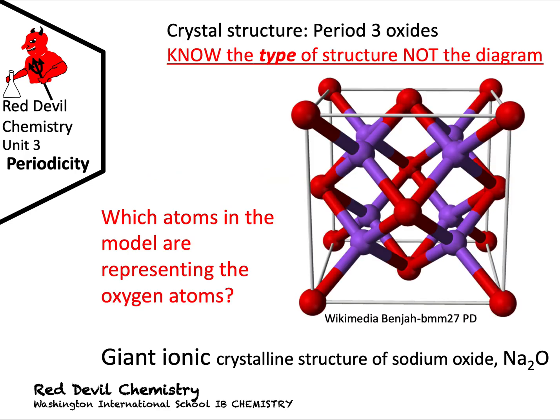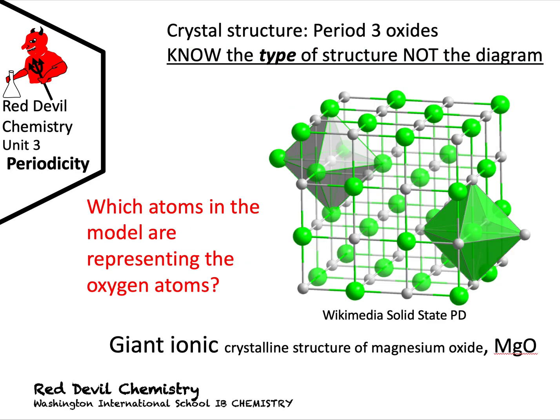So here we have sodium, and we've just got a unit cell with a number of sodium ions in it, with the associated oxygen atoms as well. And pause to look at them more closely as you're going through. We've got magnesium oxide here.